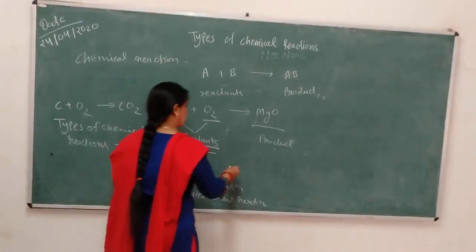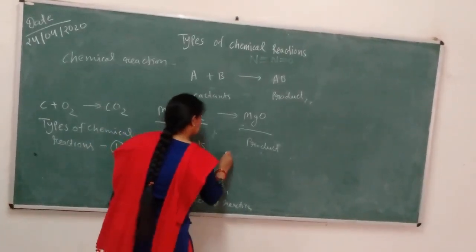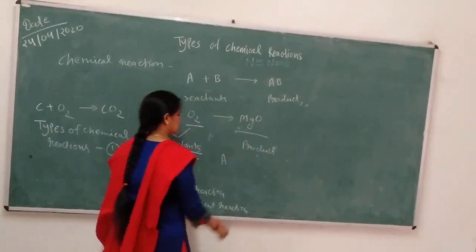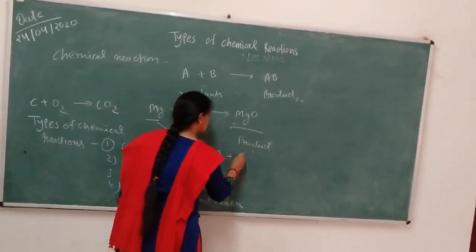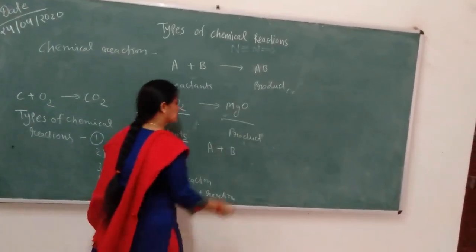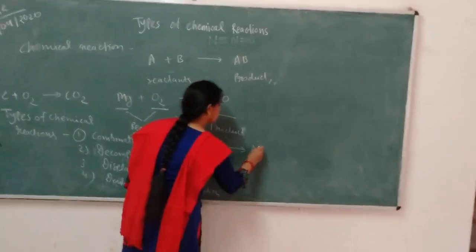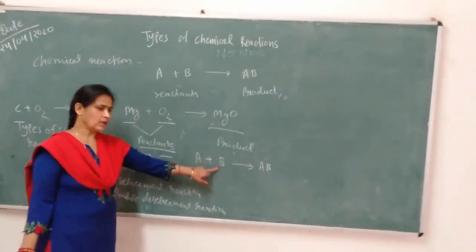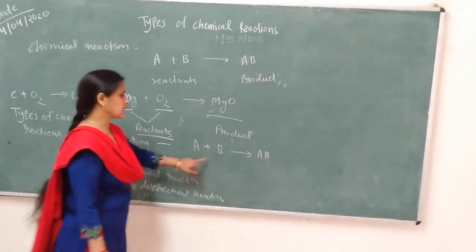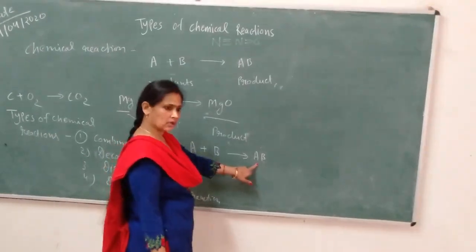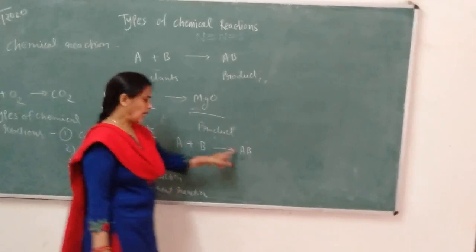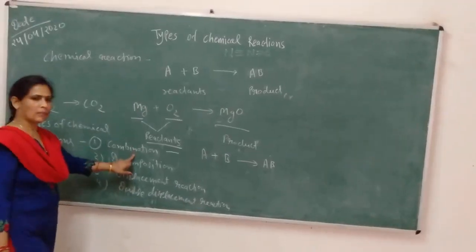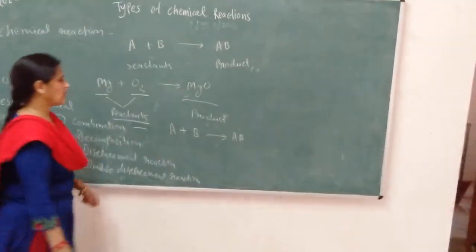Means a reaction in which two reactants combine to give a single product. A and B, these two reactants combine to form a single product. This is the type of which reaction? Combination reaction.